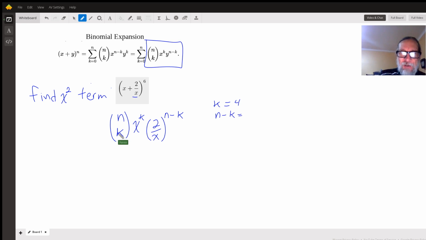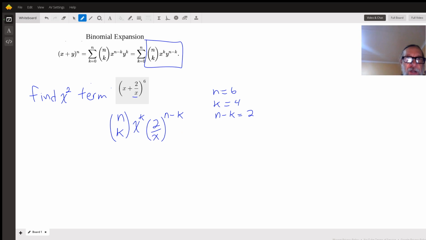I'm just using trial and error because the numbers are pretty simple. n is 6. So the x to the k term needs to be 2 bigger than this because the x is in the denominator. When we write this out, it'll be even more clear, I hope.